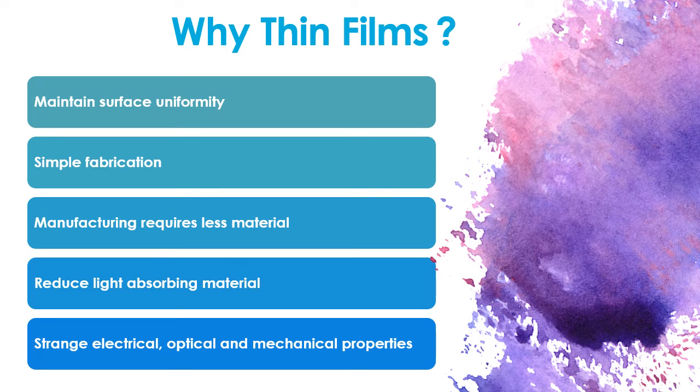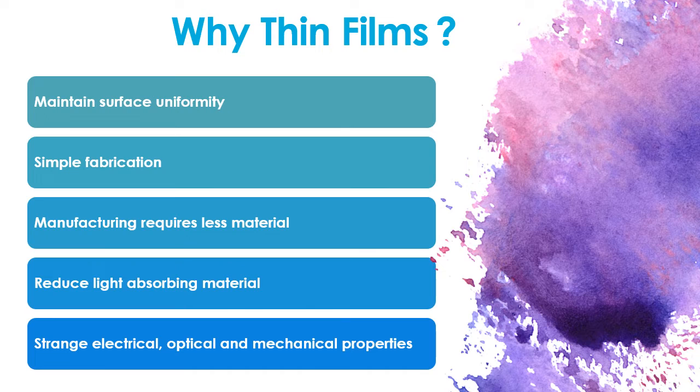So why is thin film used in semiconductor fabrication? First is to maintain the surface uniformity, and it is also a simple fabrication where manufacturing requires less material.